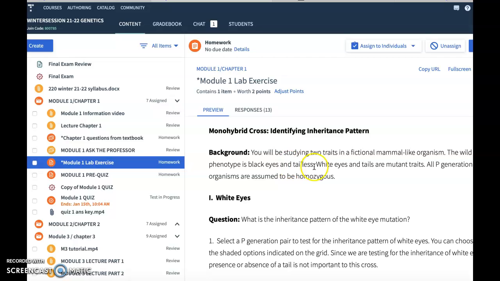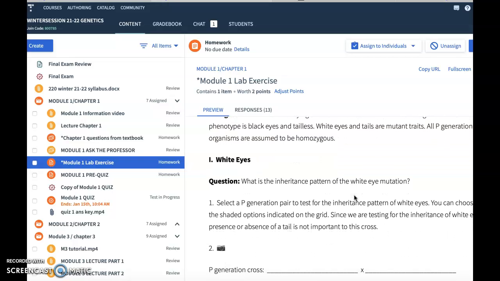Okay, so here you were studying two traits in a fictional mammal-like organism. The wild-type phenotype is black eyes and tailless. The white eyes and tails are mutant traits which are recessive, which we found out by looking at the genetic cross. And all P generation organisms are assumed to be homozygous.